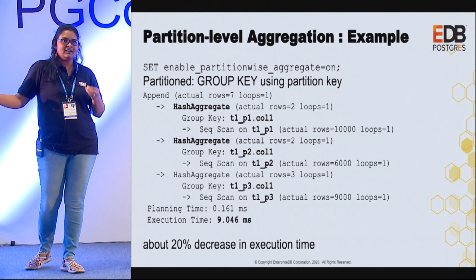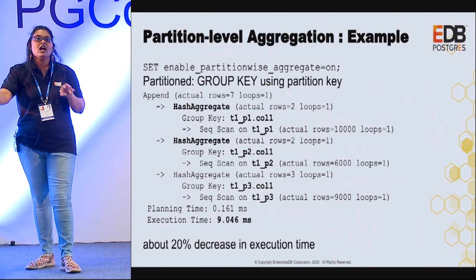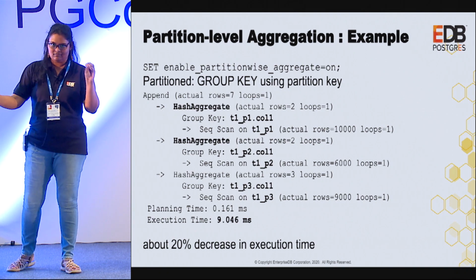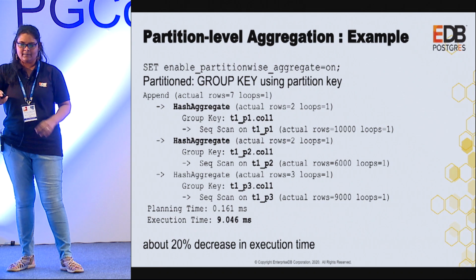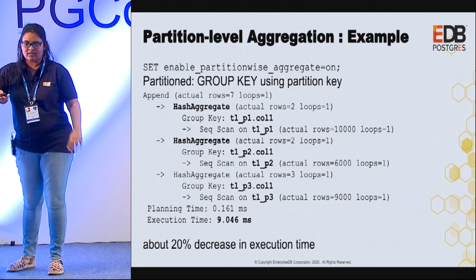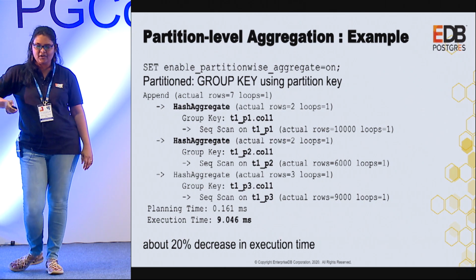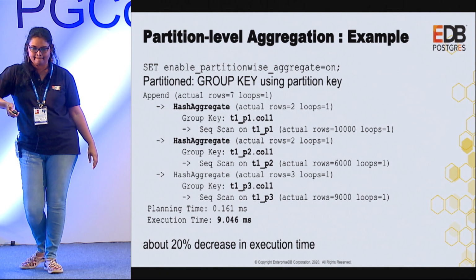Since this command has been called on the partition key, when you are in a particular partition, you're going to get a unique entry. That's the reason why there is no final node which is going to combine all the results. You just directly get it from each partition, and this has reduced my execution time by about 20%.